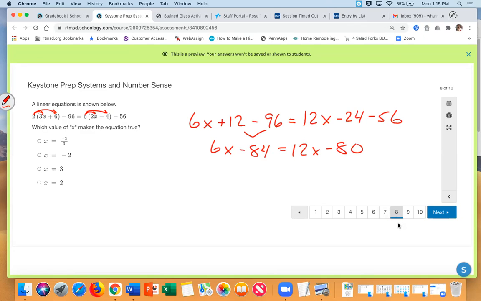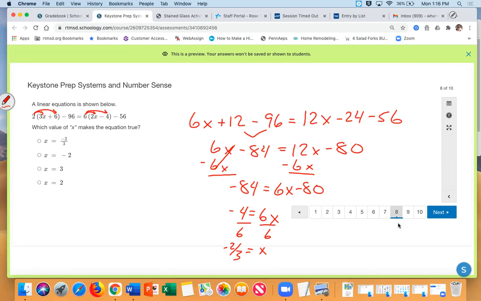With my x's, we get negative 84 equals 6x minus 80. Then I would add 80 to both sides. Then I'd get negative 4 equals 6x. Divide by 6. You get x equals negative 2/3.